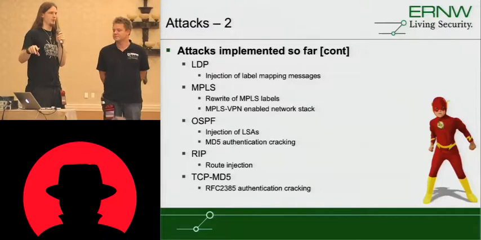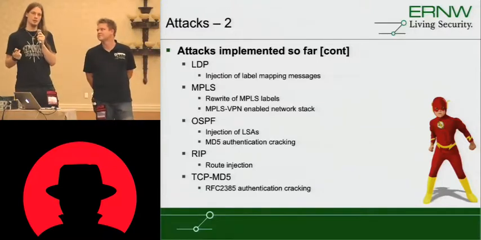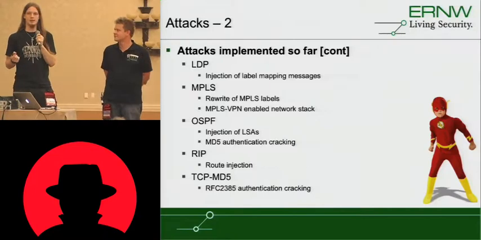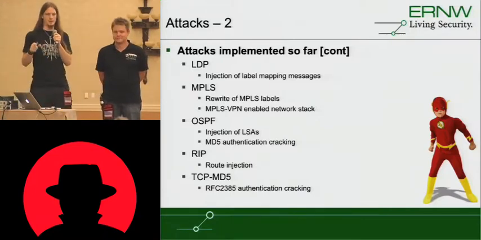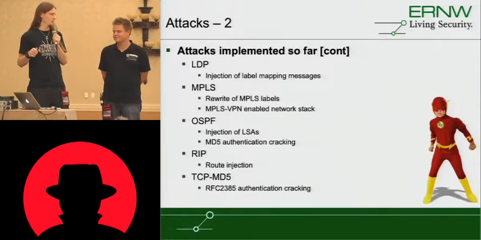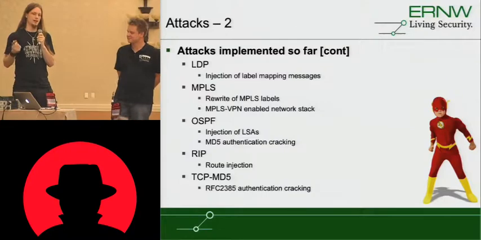If you want to go deeper into all the LDP and MPLS stuff, I recommend you take a look at our last year Black Hat talk about exactly that topic, which covers LDP, BGP, and MPLS.